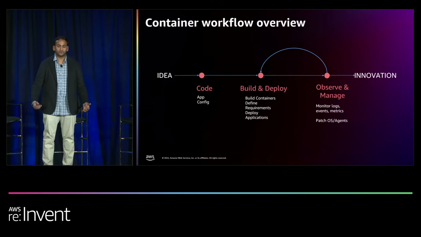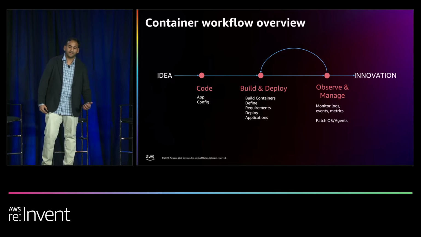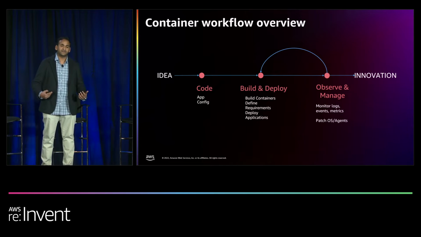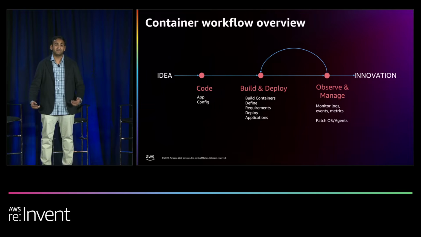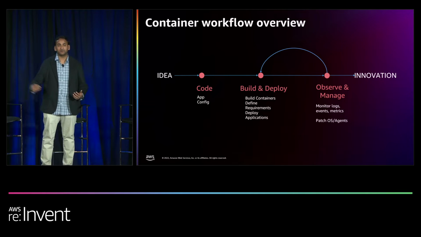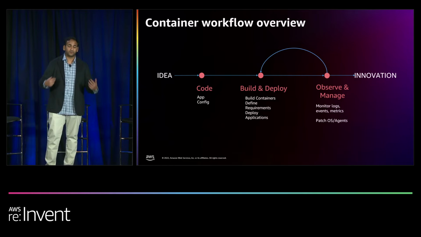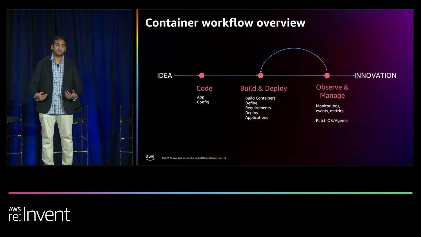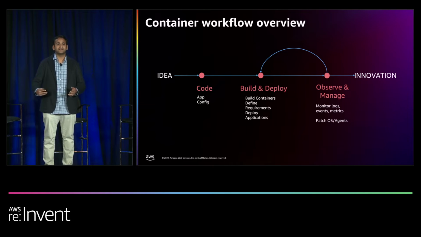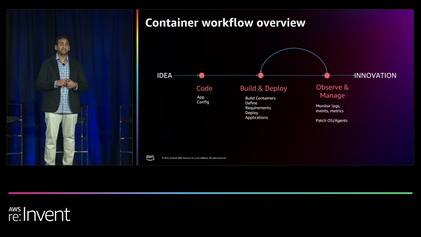Customers want to focus on innovation, and the goal of containers is to facilitate that innovation. However, it does take time to get towards that end. You need to build out your application, encode it into containers, and finally deploy them into production. But once that's done, it's not done. You need to continue to manage your application. You need to maintain hosts, patch hosts.